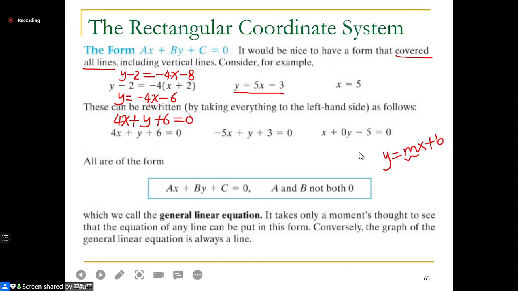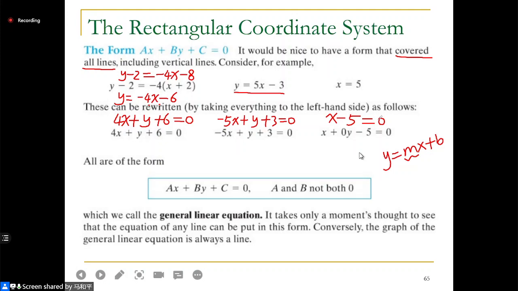And this one, taking to the left, we have minus 5x plus y plus 3 is 0. And this one you can write is x minus 5 is 0, right?